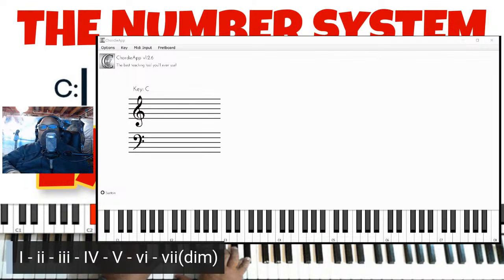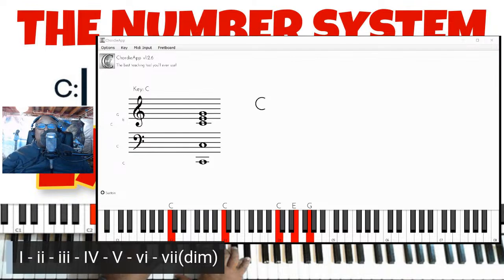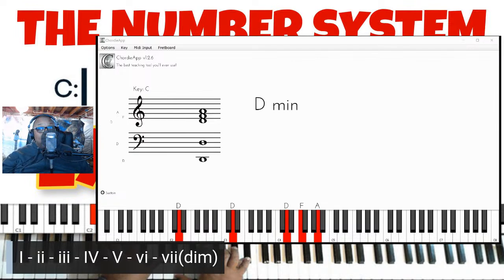But okay, we're going to move over to the Roman numeral 3 now. So we're going back to the key of C. Again, in the key of C, remember our 1 chord is played as major. Our 2 chord is played as minor. Now, if you're just tuning in, take a glance at the bottom left-hand corner of your screen, and you will see that I have a lowercase Roman numeral 3.